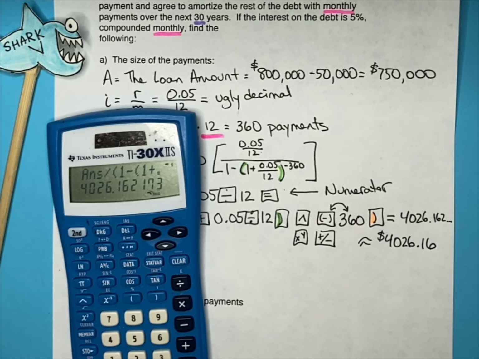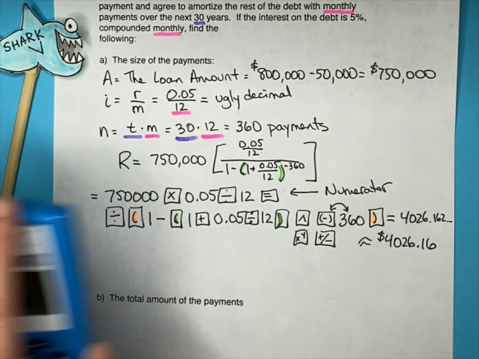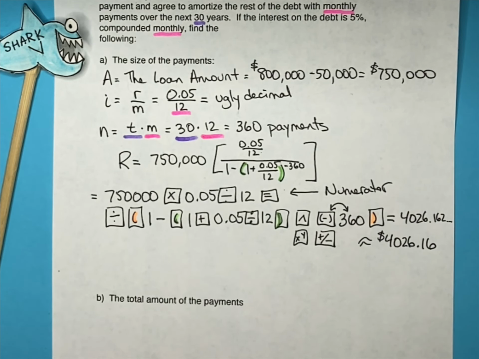Or it could be that your bank automatically rounds up, so you might be paying 4026.17 instead of 4026.16, so that it captures that little extra bit, and then at the end of your loan you pay slightly less for the last one. So that's in the real world. Your last payment will be slightly different. For us in the math world, we just say it'll be this much.